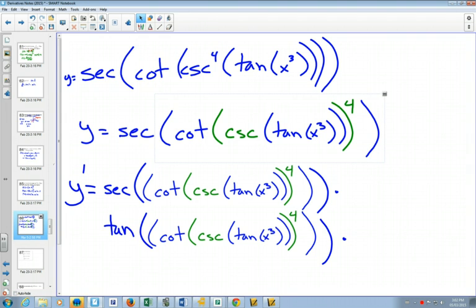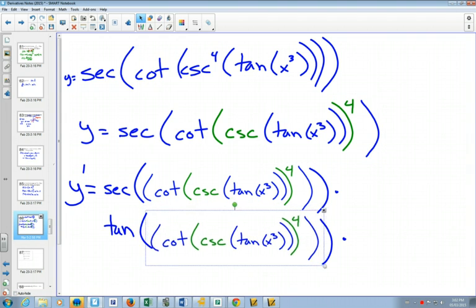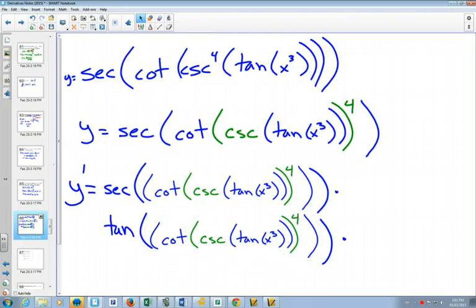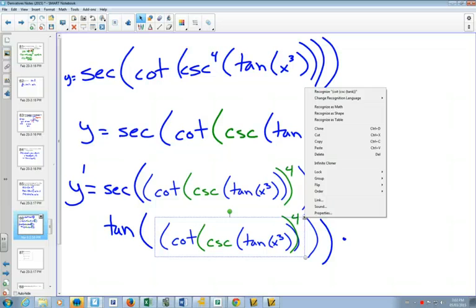Now I'm going to take this. The next one on the inside is the 4, right? So I'm going to select these. Copy that.